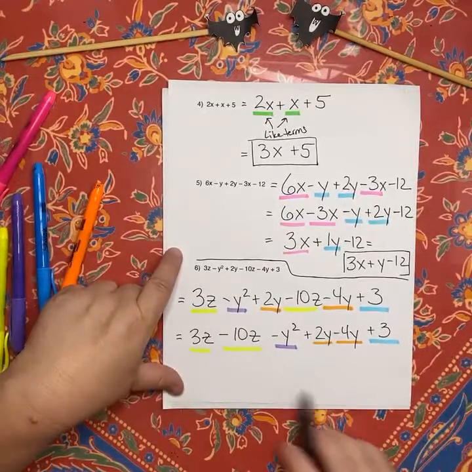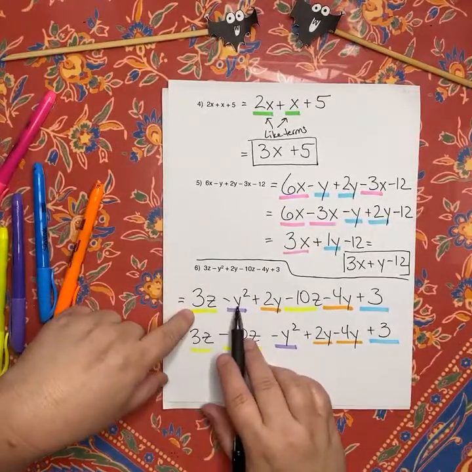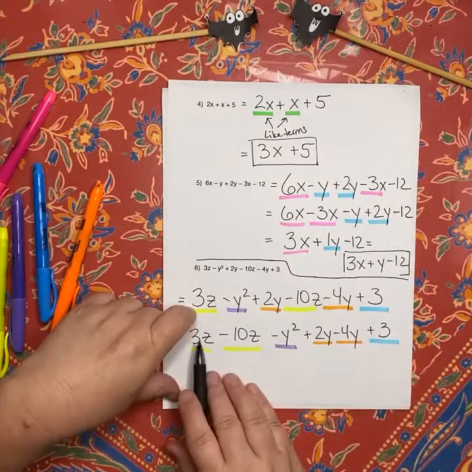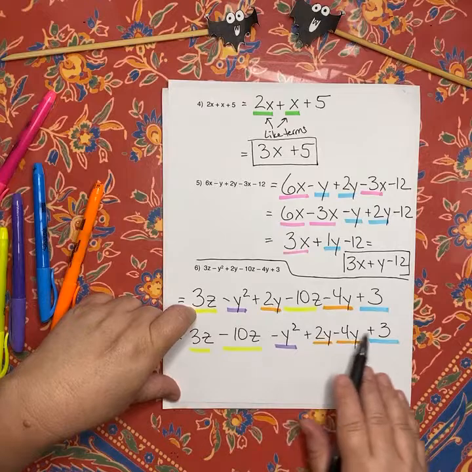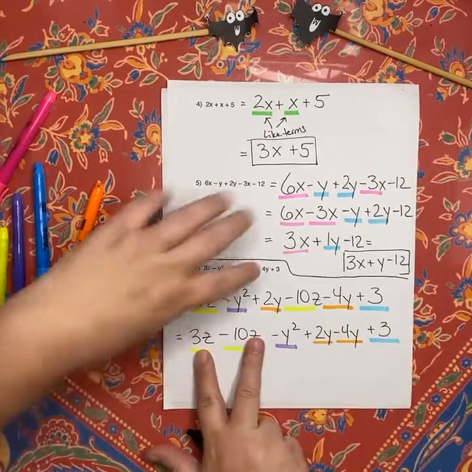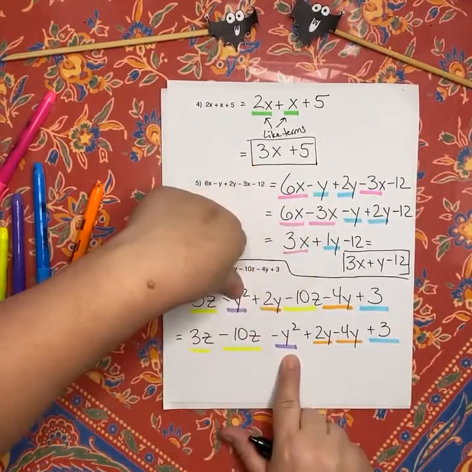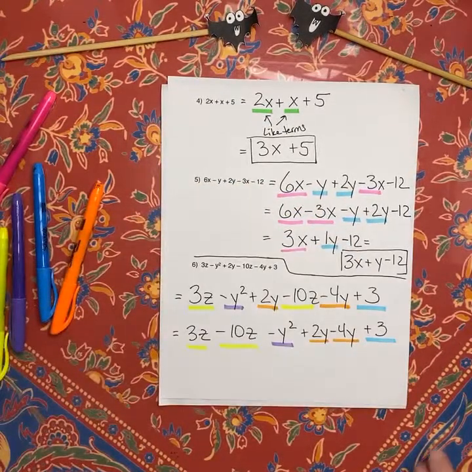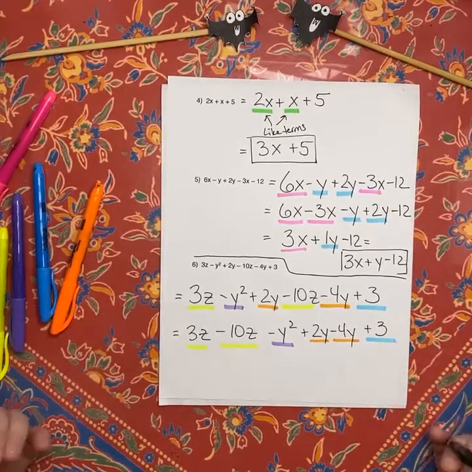But two, I also count. I've got 1, 2, 3, 4, 5, 6 terms. Down here, I've got 1, 2, 3, 4, 5, 6 terms. 2 yellows, yep. 1 purple, yep. 2 oranges, yep. And a blue. So both the colors and the numbers help me make sure I don't skip one.